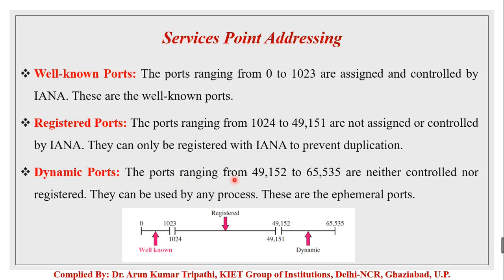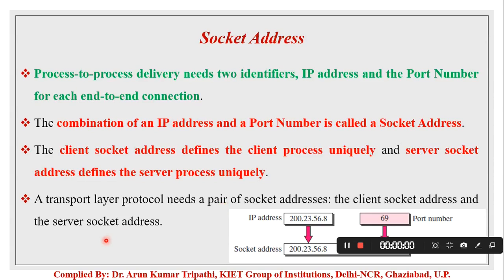These ports range from 49152 to 65535. These are neither controlled nor registered by IANA. They can be used by any processes. So here is the representation of well-known ports, registered ports, and dynamic ports.